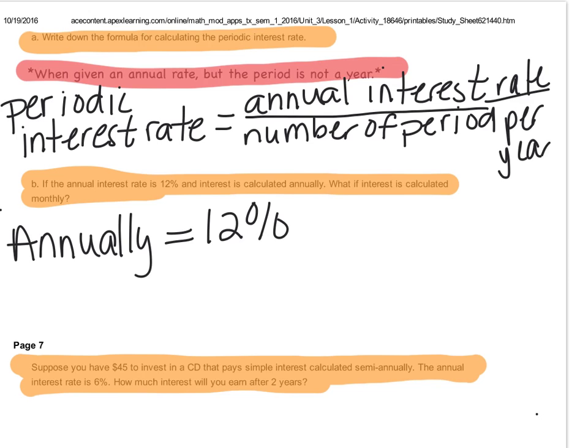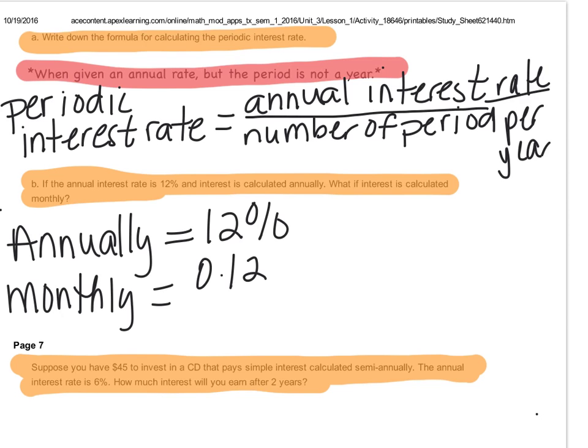So 12% divided by 1, that's just 12%. But if we want to see monthly, then it's going to be 12%, which is 0.12, and we have 12 months in a year, so we're going to divide that by 12, and that's going to mean 0.01 as a decimal, which is just 1%.